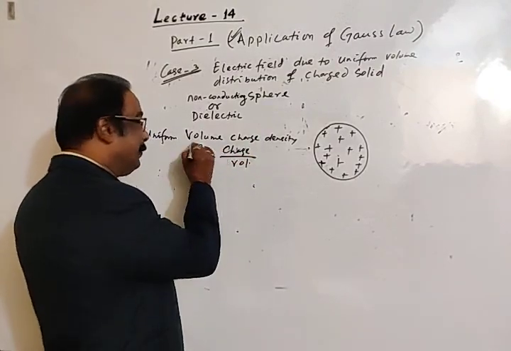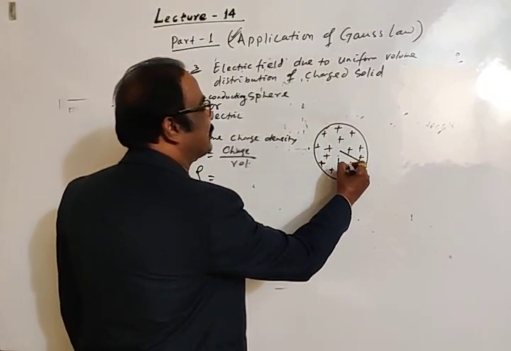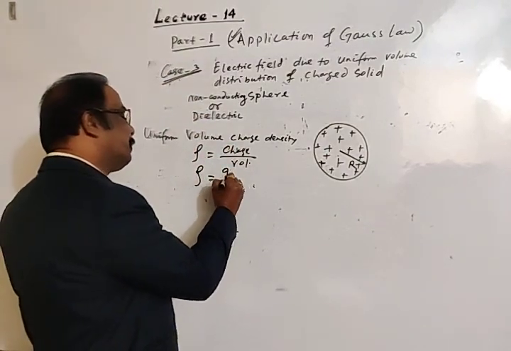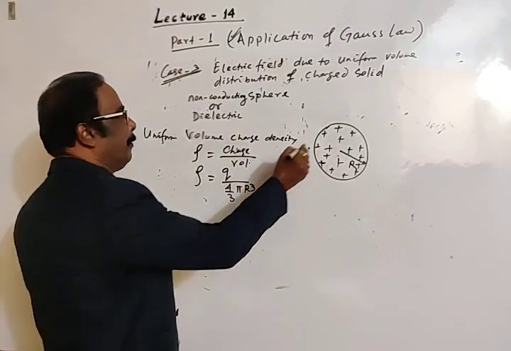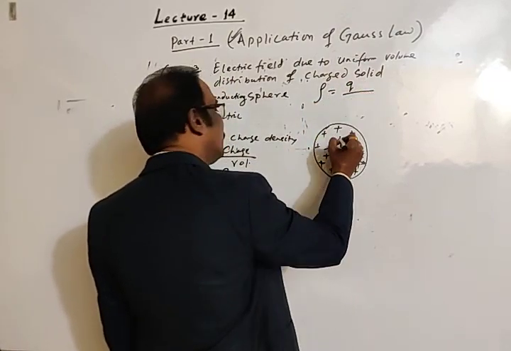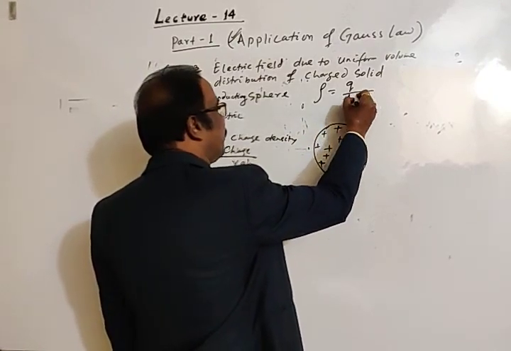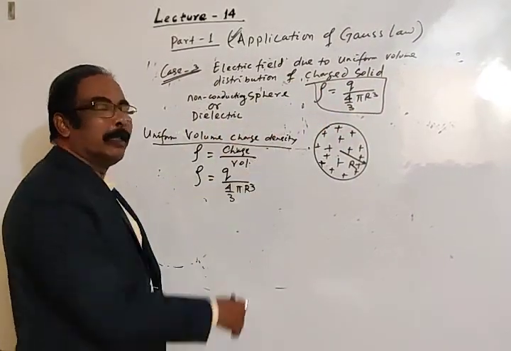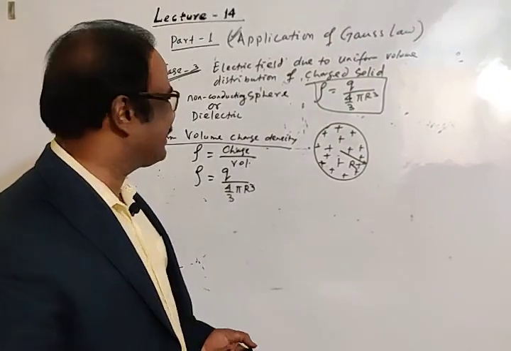Let's consider the radius of this sphere is R. Let the charge be Q, and the volume is 4/3 pi R cubed. Then the volume charge density is Q, the total charge given, which is distributed uniformly, divided by 4/3 pi R cubed. This is the uniform volume charge density. Okay. So now we will analyze different cases.